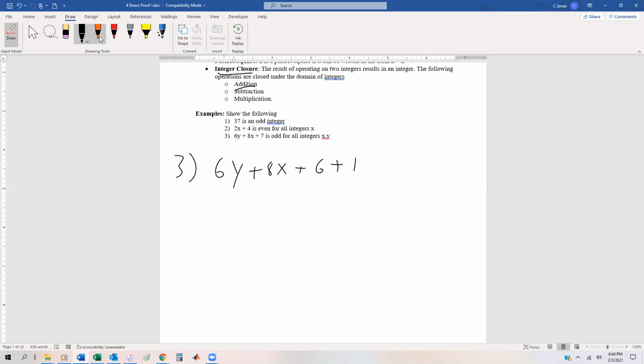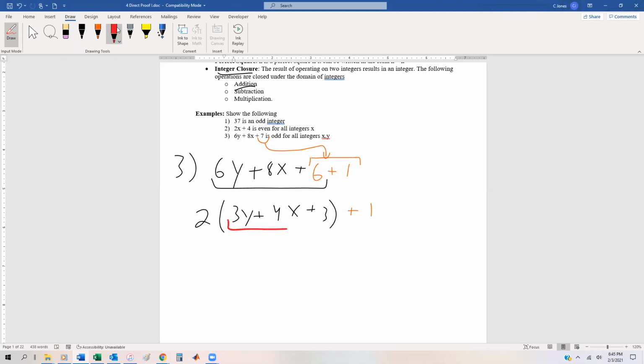Everybody can clearly see that 7 is the same thing as 6 plus 1. You might ask, why not say 7 is 3 plus 4 or negative 1 plus 8? The reason we write it like that is because we can factor out a 2, and we're left with 3y plus 4x plus 3, and we still have that plus 1 on the outside.